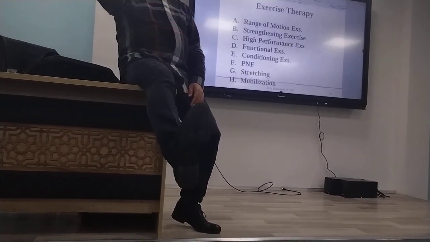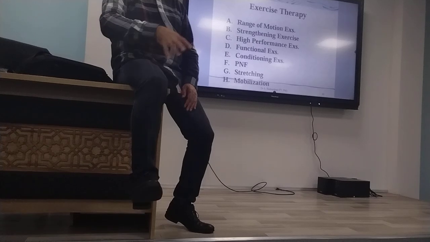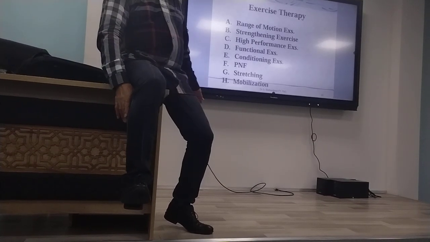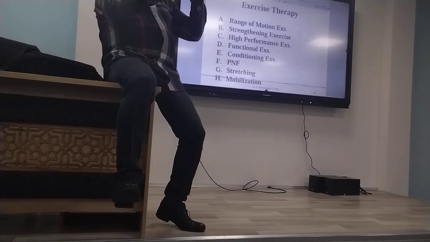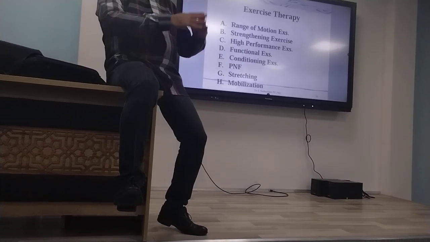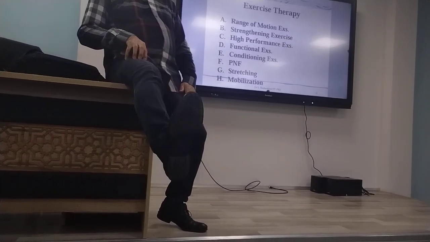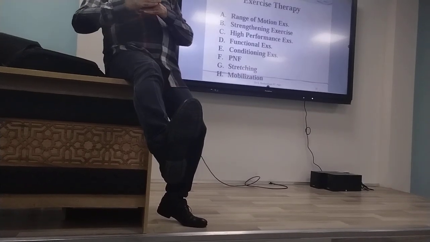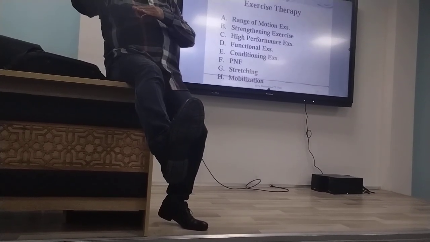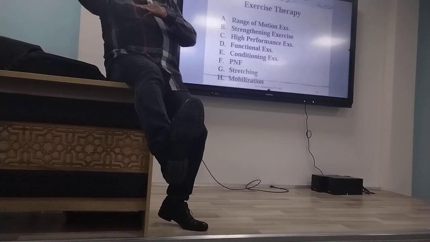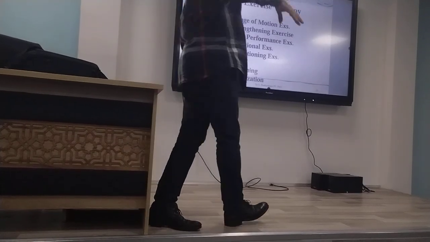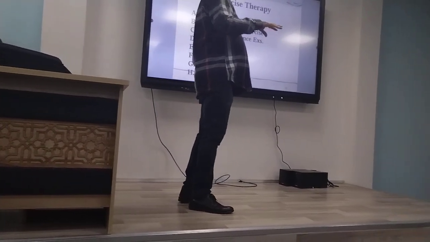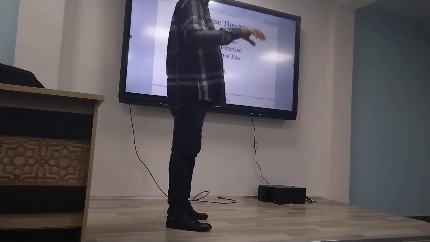And the highest amount of tension you can find is through eccentric with higher length. So you can start with isometric, then a little higher tension with concentric, and then eccentric. The highest amount of tension is in eccentric.